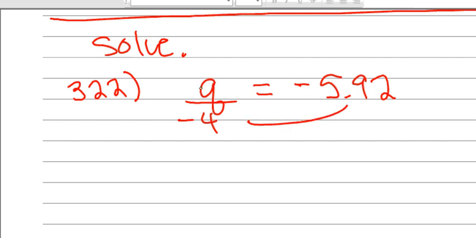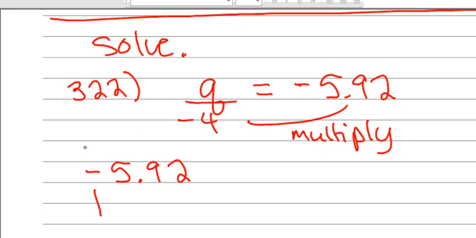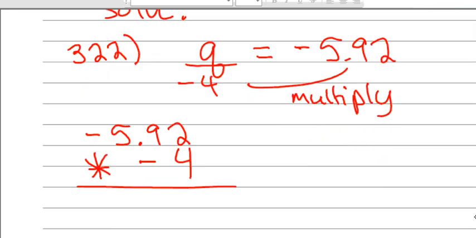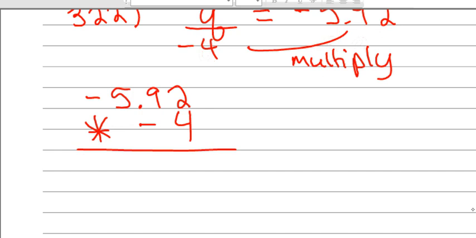So again, we've done this before. I'm just going to multiply -5.92 times -4. And I'm just going to multiply that out.